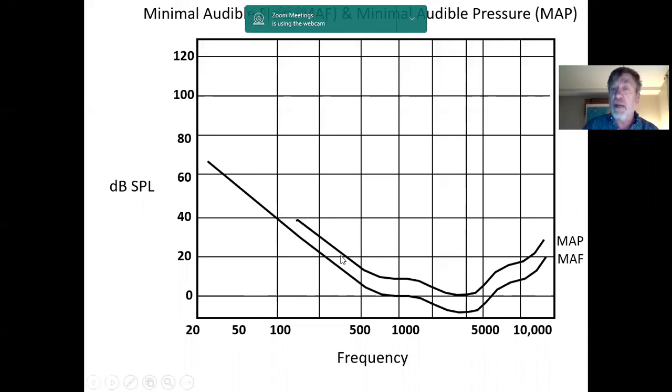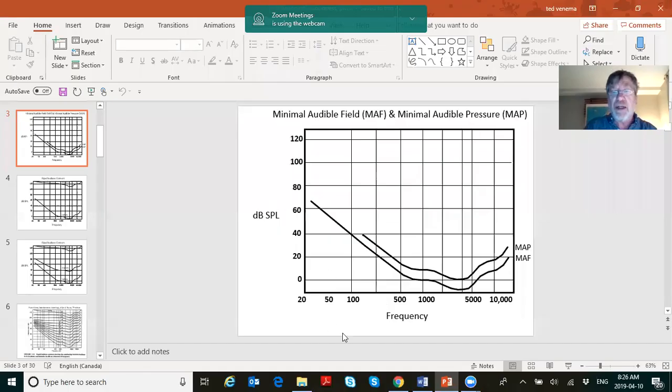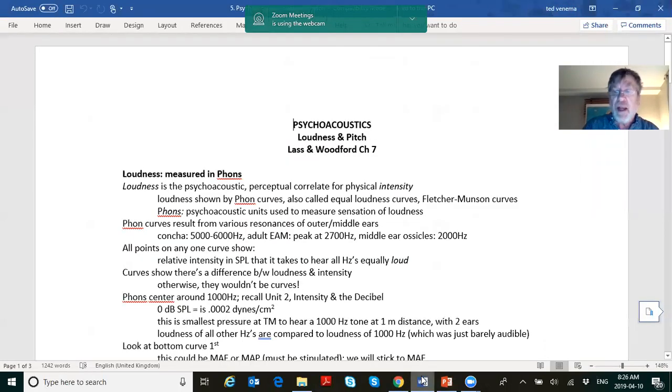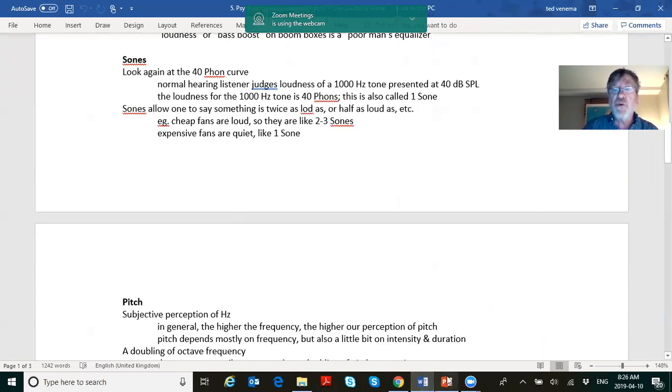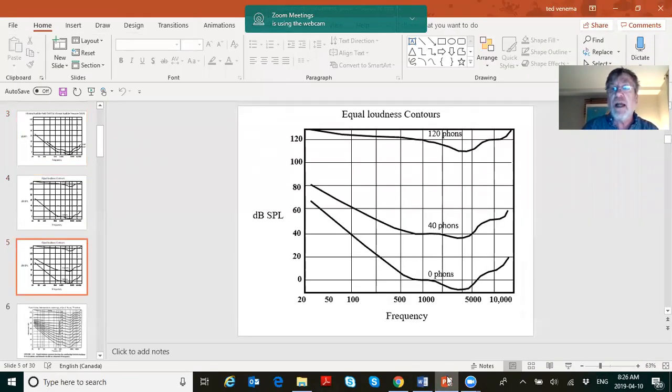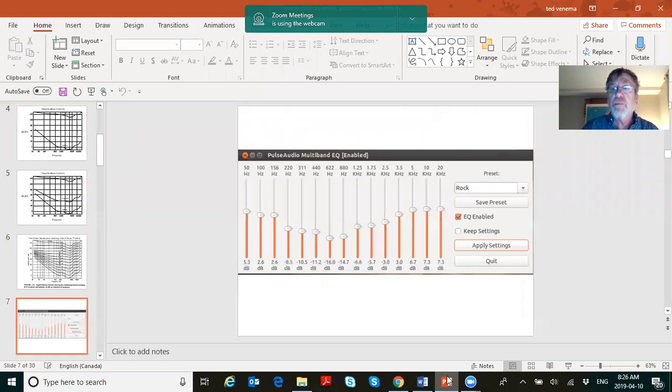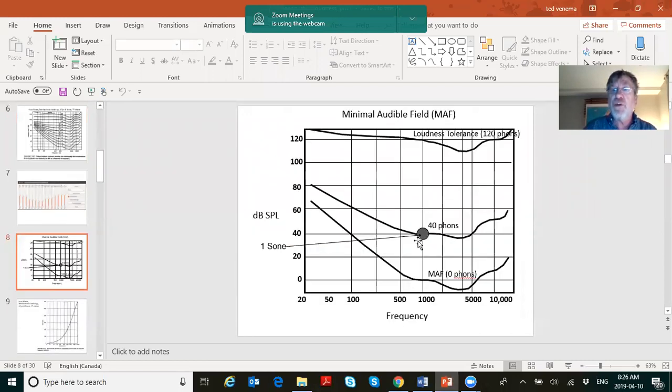Okay. MAP is simply the same thing, but with one ear under a headphone. So now we can escape the slide screen here, go to the notes, and we worked our way down and we talked about sones next. And sones were simply looking at the loudness of a 1000 hertz tone turned up to 40 dB SPL, however loud that was, memorize it.